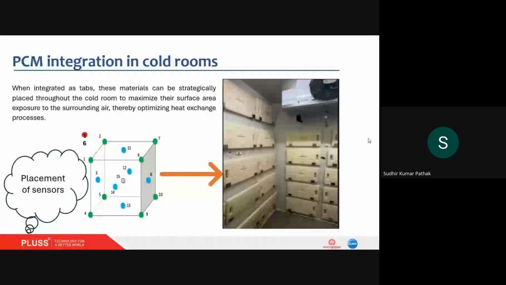Then next, what is important when we are integrating the phase change material in cold rooms? First of all, we need to cover the surface area very strategically, as shown in this image. We have to place the PCM in a staggered manner close to the wall, so that whenever there is extra cold during the refrigeration cycle, it absorbs it uniformly throughout the entire wall.